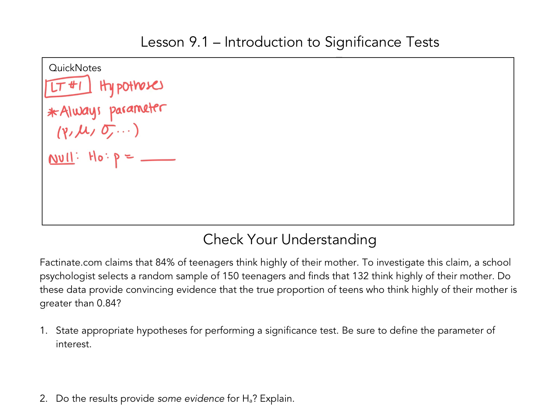It's always going to be an equal sign though. So the null will always be an equal sign. The alternative, which we denote by HA, is the same symbol, but it's going to be an inequality. It'll either be greater than that same value, less than that same value, or not equal to that same value.